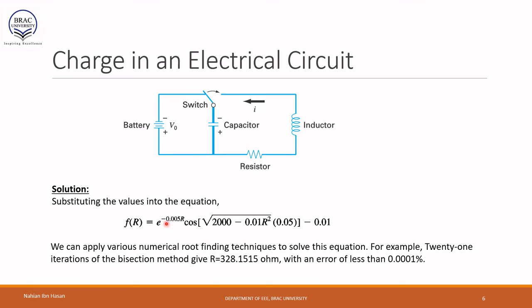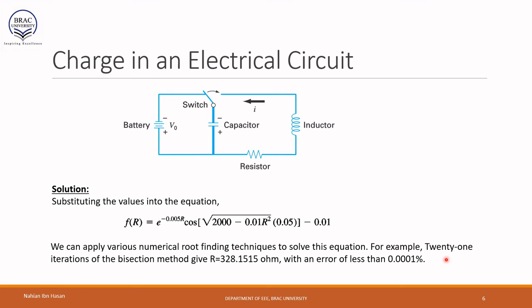So we can solve this equation using any of the standard root finding methods, like the secant method, Newton-Raphson method, false position method, or the quadratic interpolation method, Muller's method. All of those methods can be used to solve this problem.